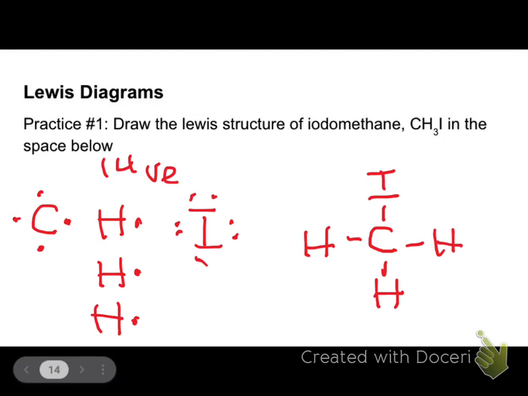Add lone pairs of electrons to each element. So here's where we're checking for the octet rule and adding in lone pairs of electrons to get everybody to 8, except for hydrogen. Hydrogen needs to have 2.